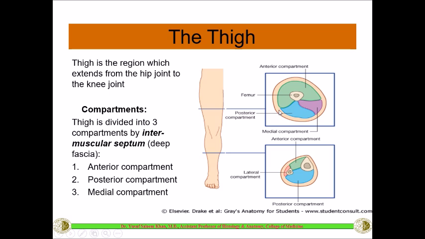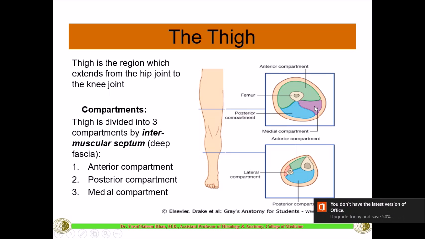This is called the intermuscular septum. The intermuscular septum separates these three compartments. So the largest compartment here will be the anterior compartment, and there is a posterior compartment and a medial compartment.